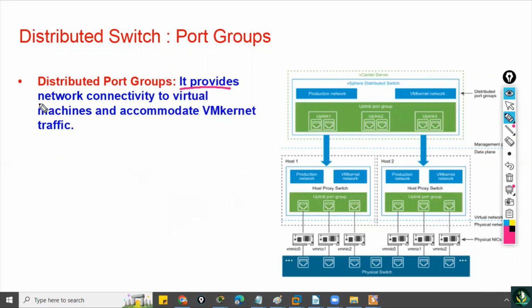It provides network connectivity to virtual machines, and it will have the VM kernel port as well. Clear, guys? So this is the distributed port group. You can see it is having VM kernel network, and it is having the production network or VM network as well.